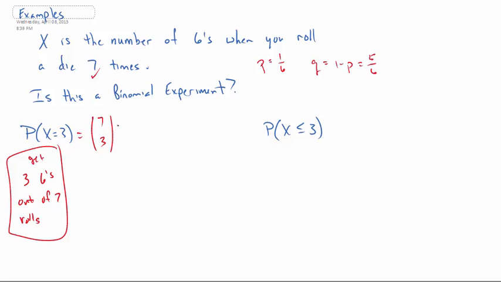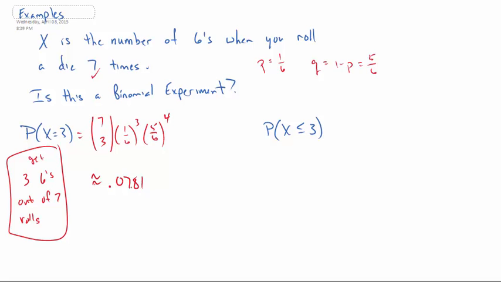So we're going to do 1/6 to the third. We're looking for the probability that we get 3 successes, times 5/6 to the, well, if there are 3 successes, how many failures will we have? There will be 4. And this is just purely number crunching at this point. And what we get is approximately 0.0781 to 3 significant digits.